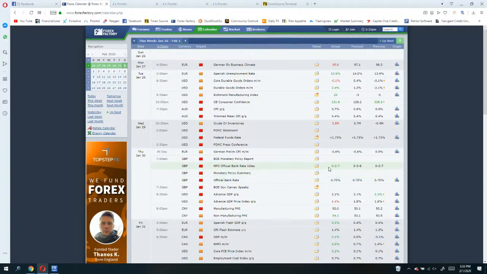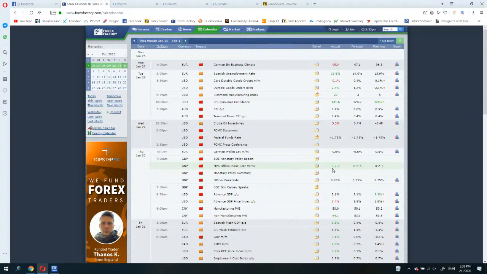But this was really the key right here, the actual votes by the MPC members. So if you don't know how to read these, 027, 036, the forecast was 036, it came out at 027. What that means is there are 9 members on the Bank of England's MPC board.